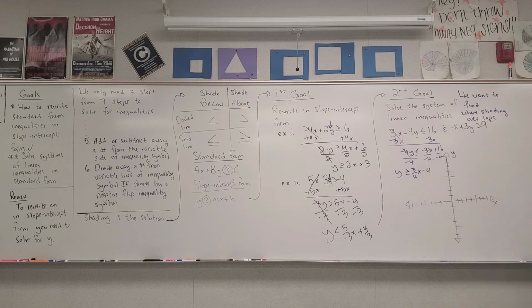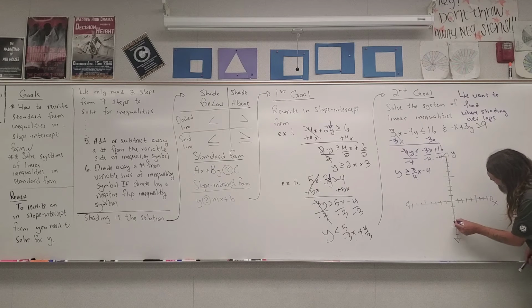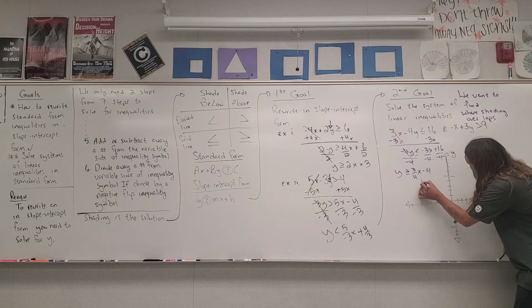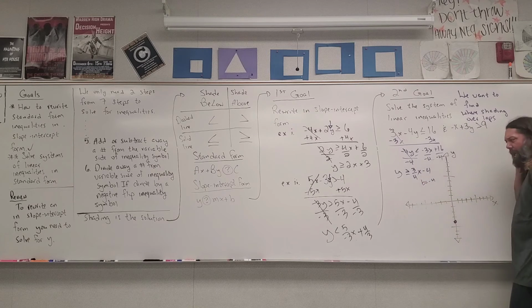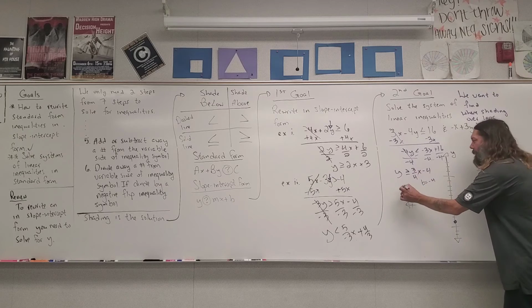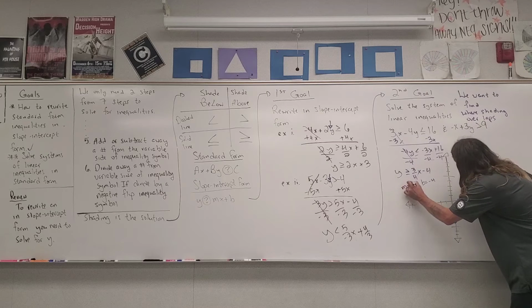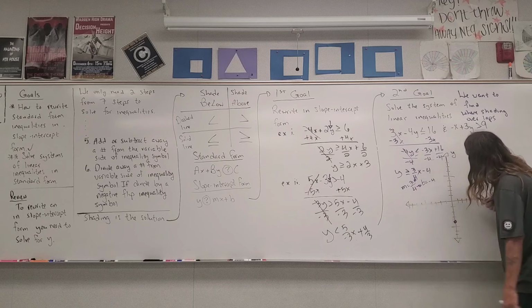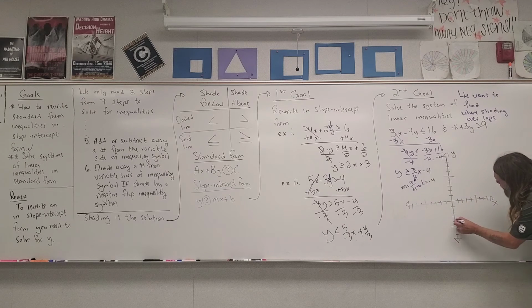So let's graph this guy. I begin at negative 4, 1, 2, 3, 4, because my b is negative 4. And I move up 3. I go up 3 and right 4. So I go up 3, 1, 2, 3, and right 4, 1, 2, 3, 4.